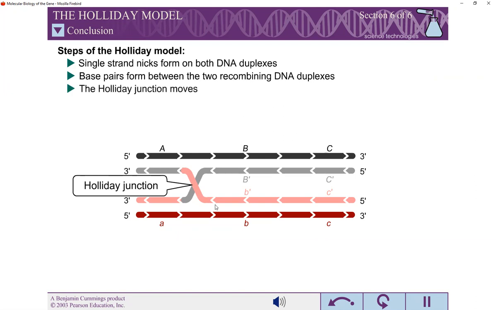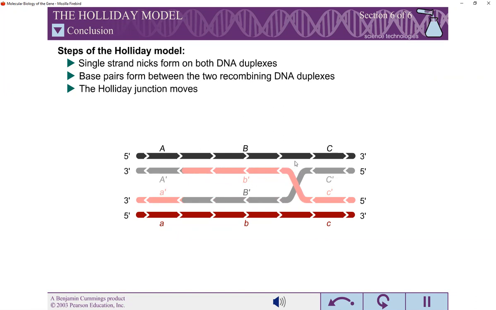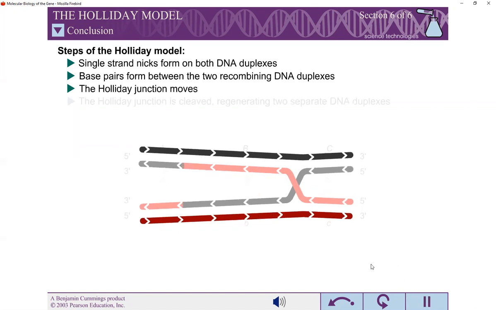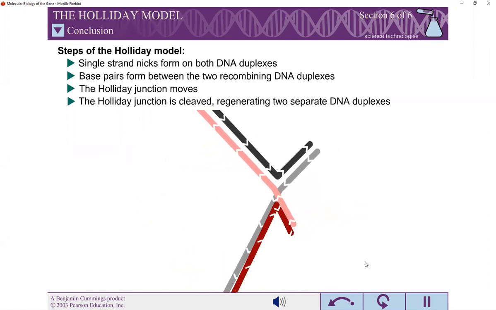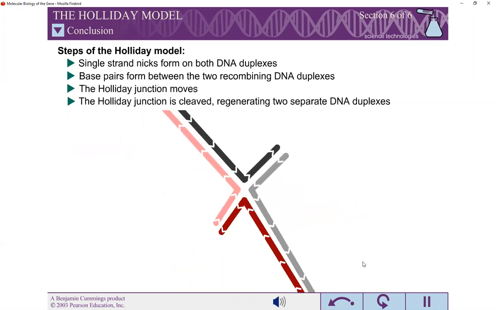The Holliday junction then moves along the DNA by repeated melting and formation of base pairs. This process is called branch migration, which is going to occur next. The final step of DNA recombination is cleavage of the Holliday junction to regenerate two separate DNA duplexes.